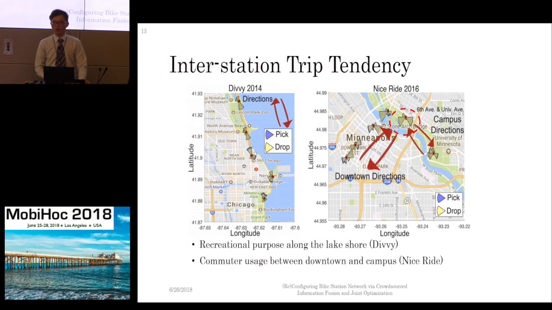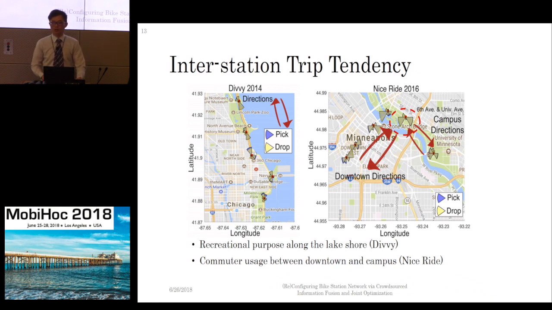In our study, we also observed that solely considering the bike station usage in the reconfiguration decision may ignore some more subtle features. We first show the two figures of the interstation trip tendency. These stations are not necessarily those with the most bike usage.